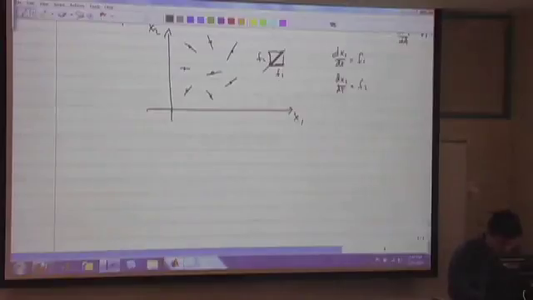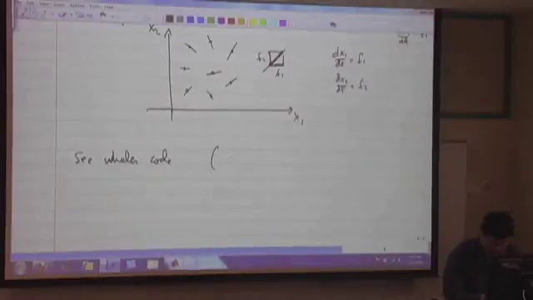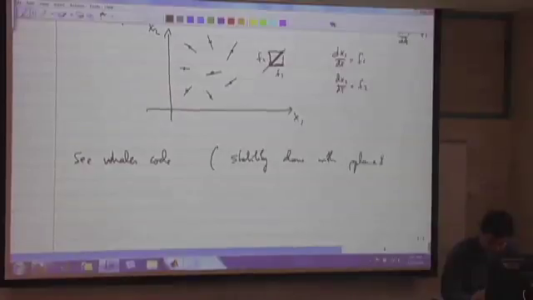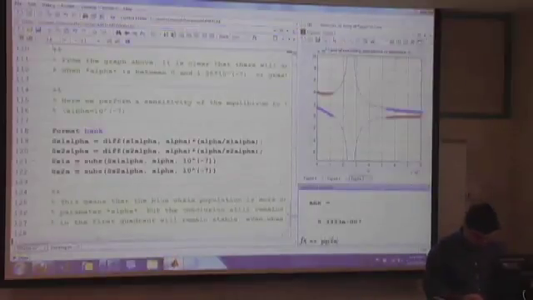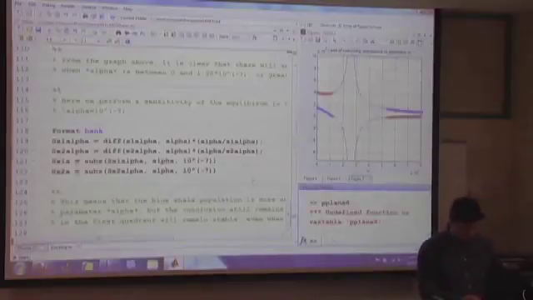Okay, so this would be stability done with p-plane. I think right now it's p-plane 8. Okay, so let me, oops, I thought I had that on.